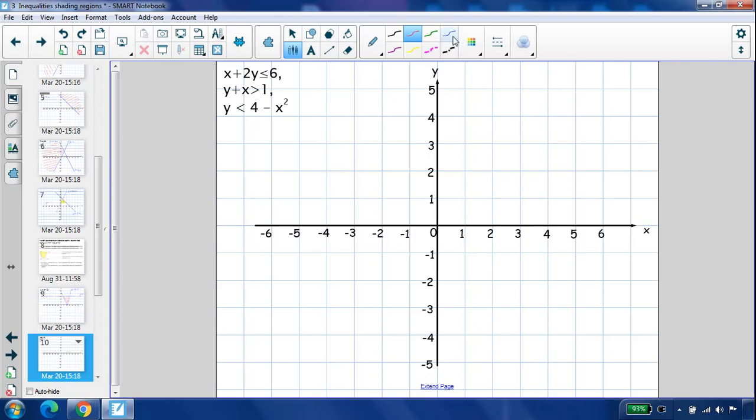I've got 3 inequalities. So I'll rearrange the first one. So it's going to be 2y is less than or equal to 6 minus x. And then I'm going to divide by 2. So y is less than or equal to 3 minus a half x. This one I'm going to rearrange to y is greater than 1 minus x.